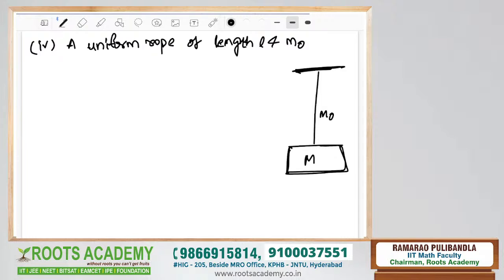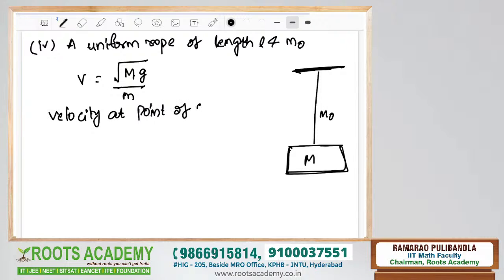So then the velocity is v is equal to under root of the mass that is attached below into g divided by m. So the velocity at the point of suspension would be v2 is equal to under root of the mass that is attached below into g divided by m.